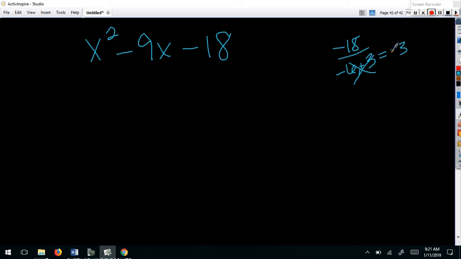Then I heard negative 6 and negative 3, but those multiply to positive 18, so that doesn't work. We're going to have to go to a higher row.